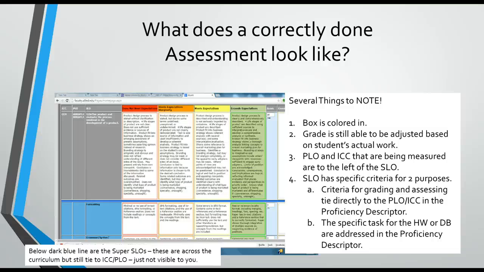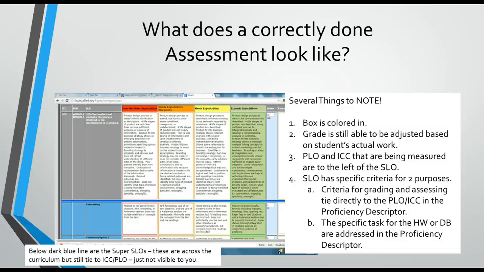So a correctly graded assessment looks like this. You're going to actually see the color coding in the box pop up. The grade is still actually able to be adjusted based on the student's work. First you have the ICC that's being measured, second you have the PLO that's being measured, and third you have the SLO, the student learning outcome associated directly with this task.